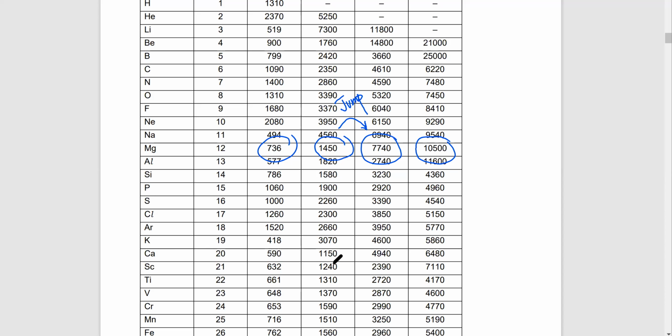The first two electrons are easy to remove, then all of a sudden it's 4940, almost 5000. For sodium, the jump would be right at the beginning. Removing the first electron would be easy, then removing the second would suddenly become very difficult.